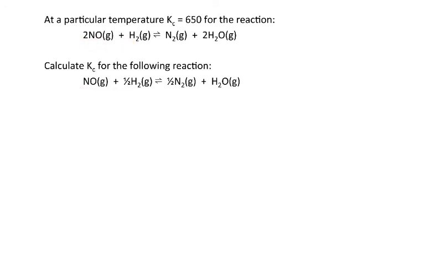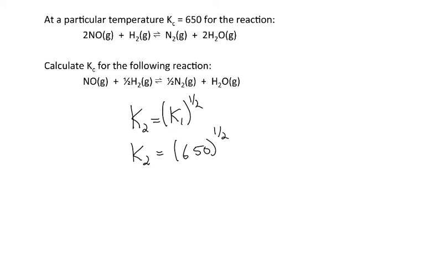So that means that the new equilibrium constant is equal to the original equilibrium constant raised to the 1/2 power. So K2 is going to be 650 to the 1/2, or the square root of 650. So K2 is going to be 26.